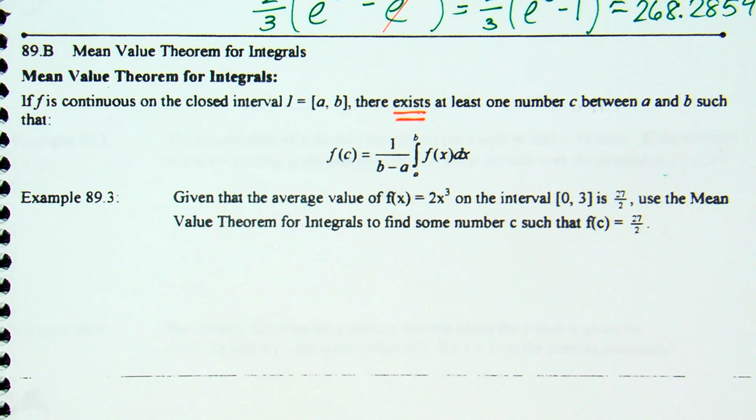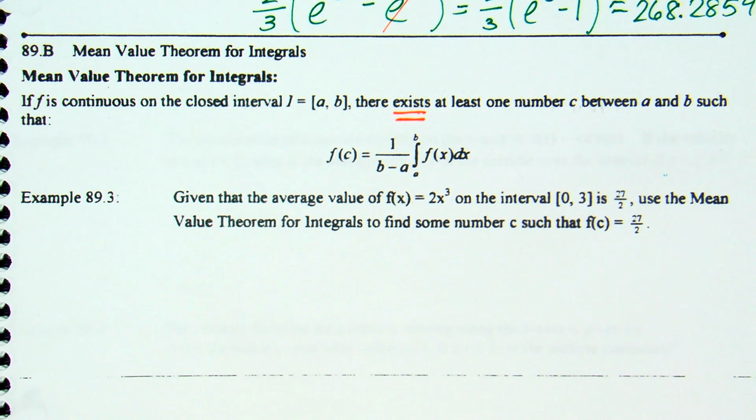So they are saying that there is some number c between a and b that, when you plug it into the function, is going to be equal to the average value of the function. Basically it's saying at some point the function equals the average value.